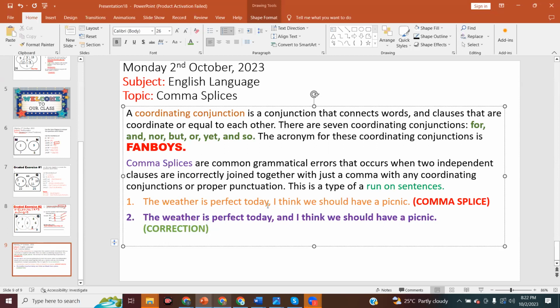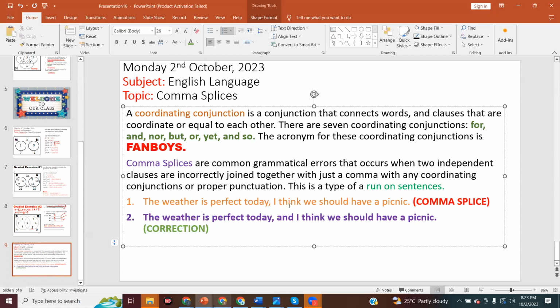What do I mean? The weather is perfect today. Is that an independent clause? Yes. Can it stand on its own? Yes, sir. I think we should have a picnic today. Can that stand on its own? Yes, it could stand on its own.